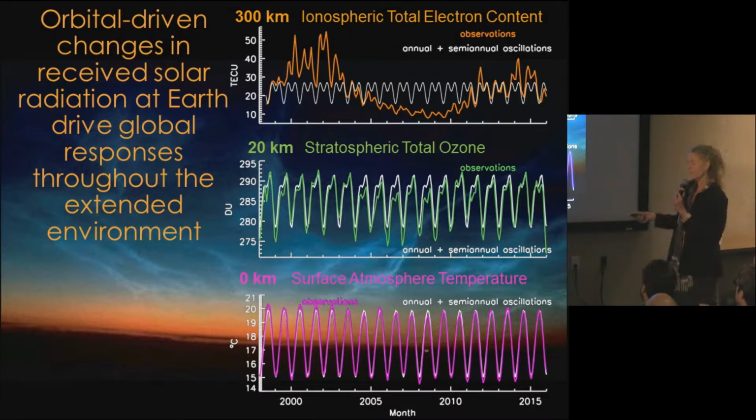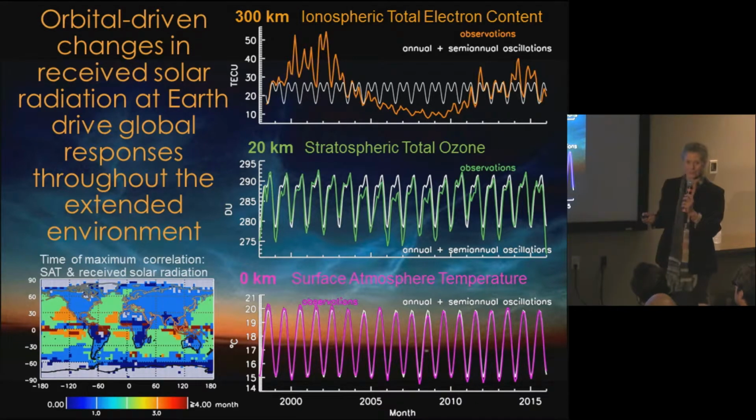So as you go from the surface through the middle atmosphere up to the ionosphere and thermosphere, there are different relative magnitudes of the solar-driven cycle from orbital changes versus from solar activity. Certainly when you're up in the thermosphere, you can't separate them, because the solar activity itself modulates the cycle from the orbital changes. So it's not all that simple.